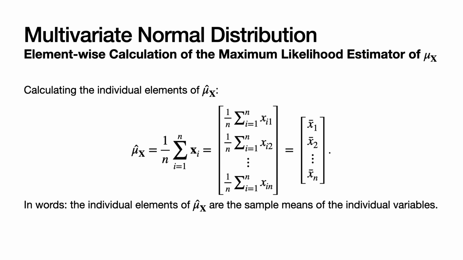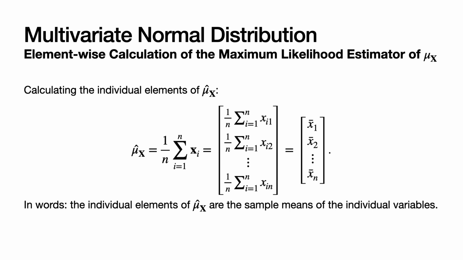And so mu hat sub x, we saw, is equal to 1 over n times the sum i going from 1 to n of the data vectors x sub i. And so you can see here that this is just the n by 1 vector of, I'm sorry, this says n, it should be p. We should have x bar 1, x bar 2, and so forth down to x bar sub p.